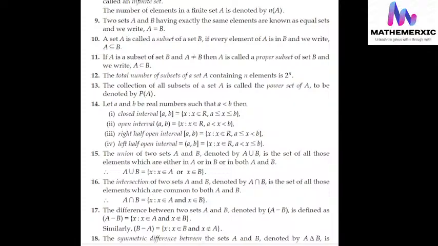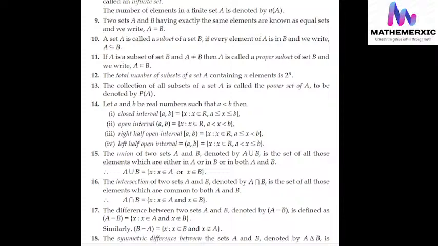The union of two sets A and B, denoted by A union B, is a set of all elements which are either in A or in B or in both A and B. Therefore, A union B is x such that x belongs to A or x belongs to B, because in union the total is counted.